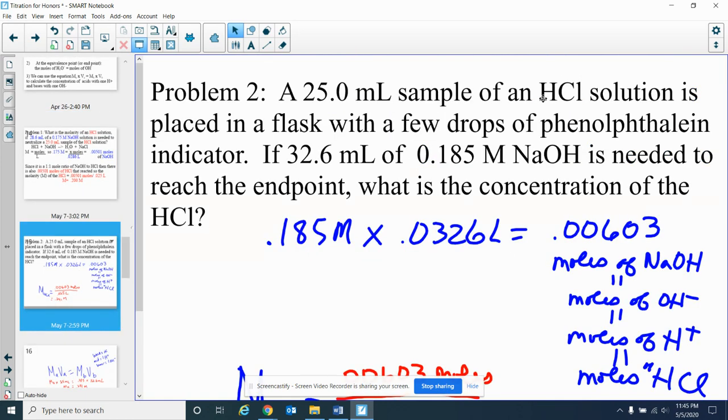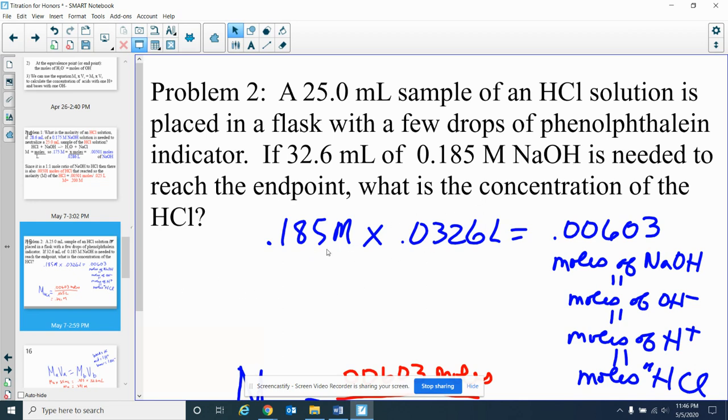A 25 milliliter sample of HCl is placed in a flask with a few drops of phenolphthalein, and it's a very similar type of problem. 32.6 mils of a 0.185 molar NaOH solution is needed. What's the concentration of the HCl?